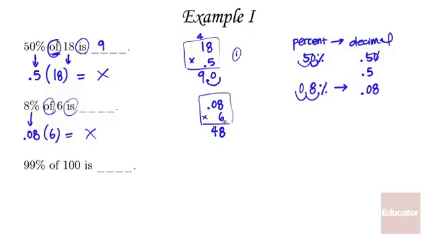I only have 2. There's none right here. Decimal point's at the end right here. So I only have 2. So from the end, I'm going to go in 2 spaces, 1, 2, right there. So 8% of 6 is 0.48.